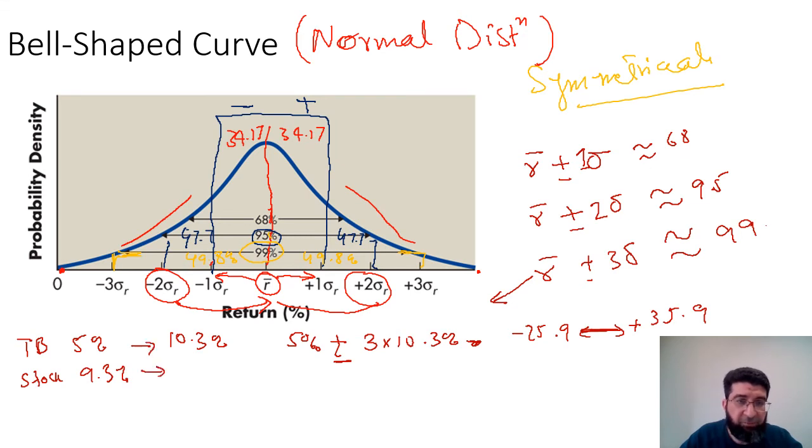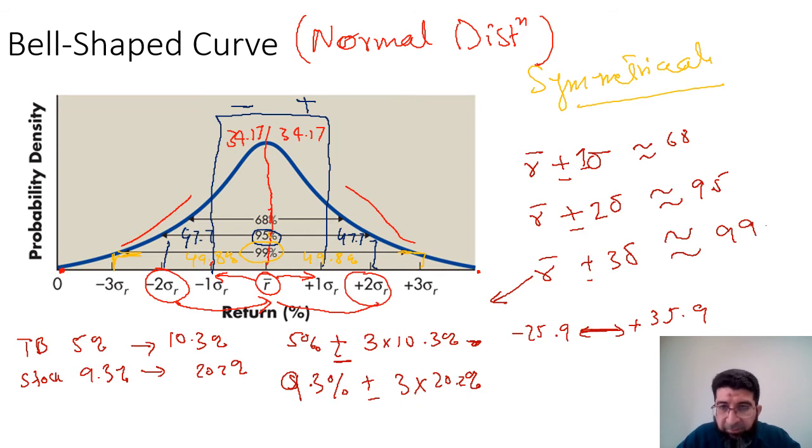If we do the same for the common stocks, which have a 9.3% return and a standard deviation of 20.2%, we insert in this equation for 99%: 9.3% plus or minus 3 times 20.2%, and that will give you a range of negative 51.30% and plus 69.9%.